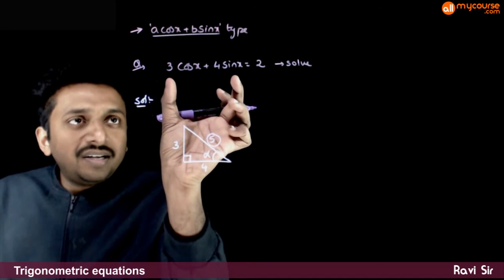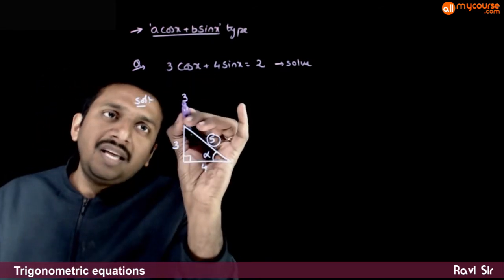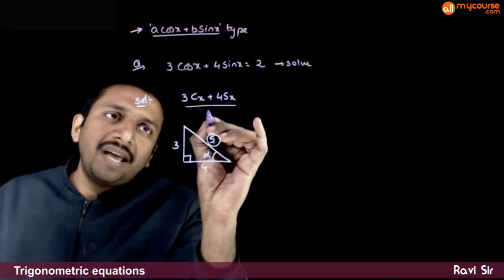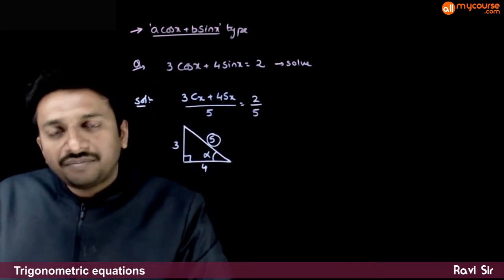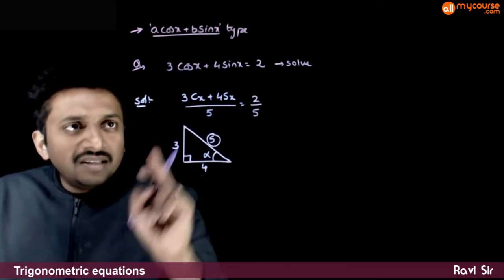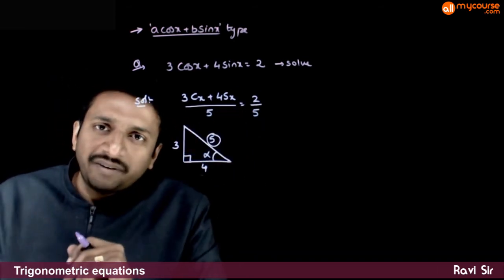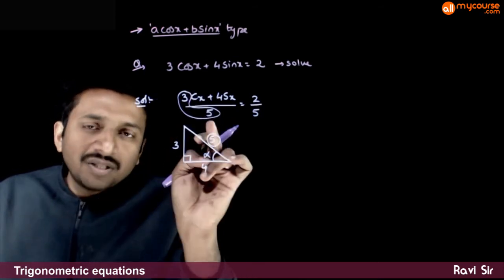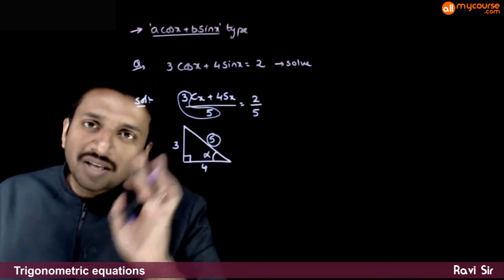So I'll divide both sides by 5. So (3 cos x plus 4 sin x) by 5 is equal to 2 by 5. Now, what can 3 by 5 be written as? 3 by 5 can be written as cos alpha, and 4 by 5 can be written as sin alpha.